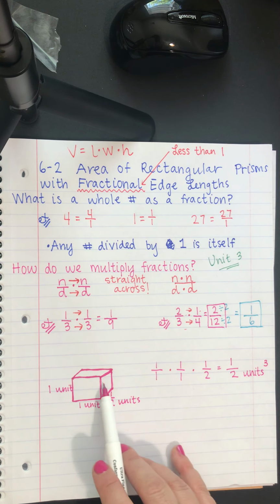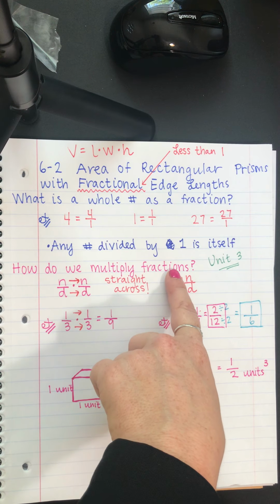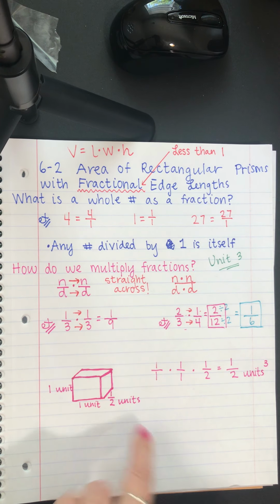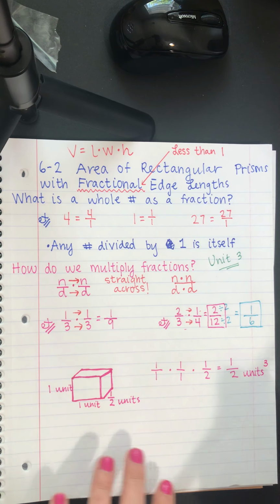If you were on my Kahoot yesterday, you probably have that drilled into your head right now. Right, so this is multiplying fractions and then just applying that to finding the volume of the prism. Again, if you need more help on that, go back to your notes in Unit 3. I'm going to go to a new page because I don't have a lot of room left right here. If you want to keep going on the same page, that's fine.